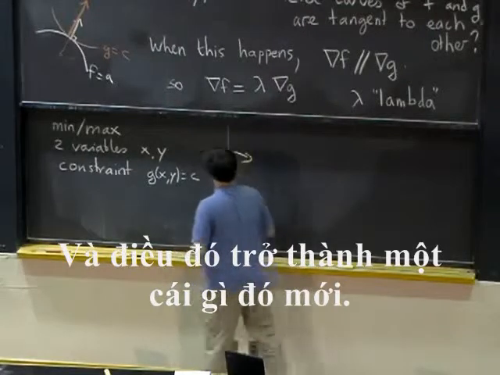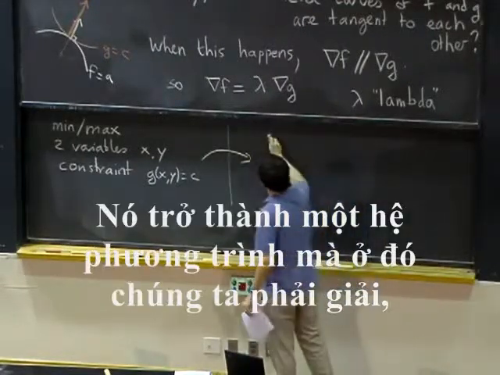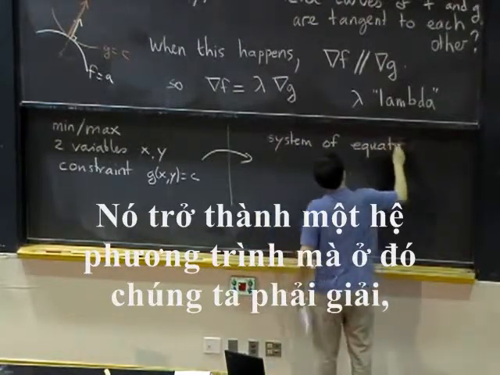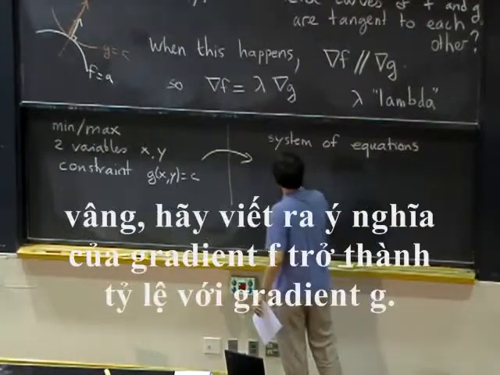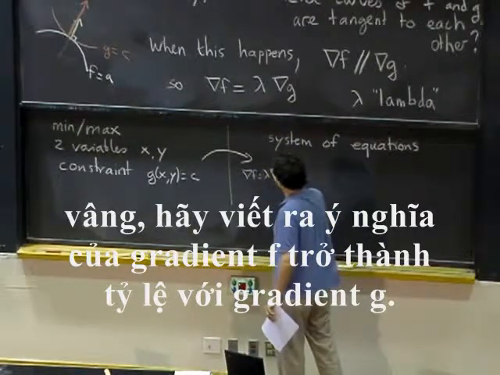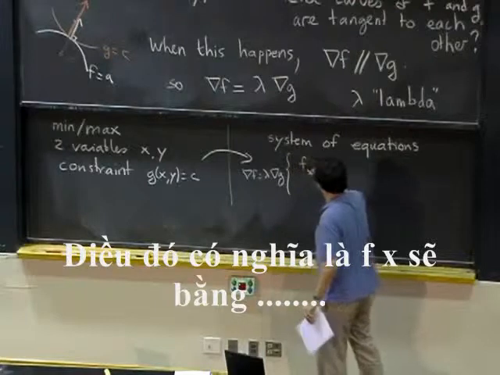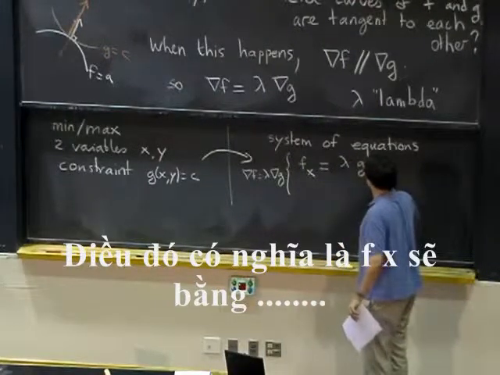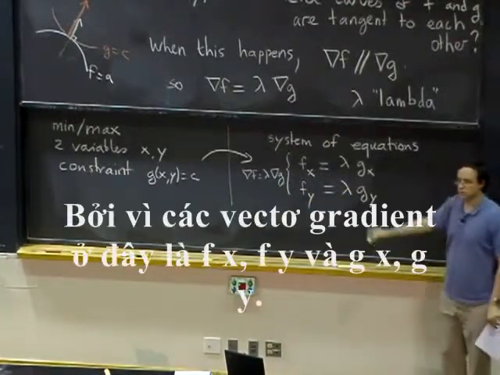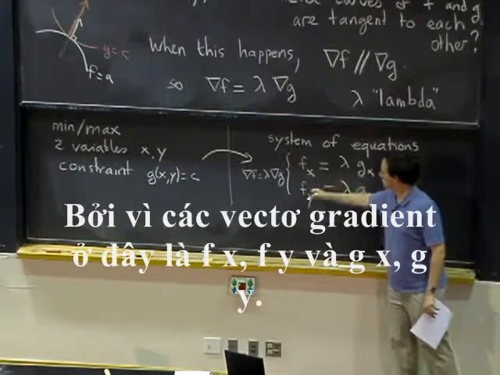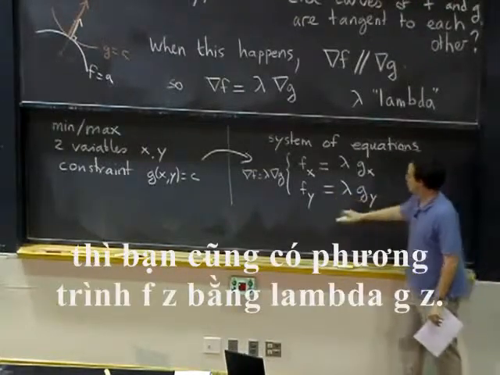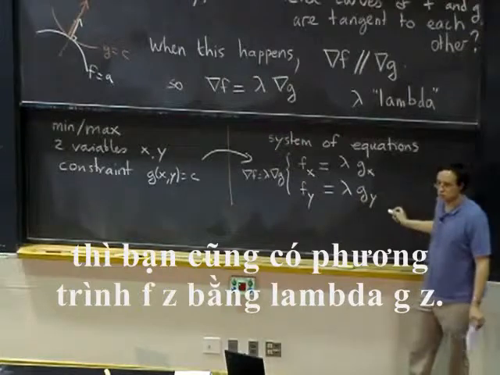And that becomes a system of equations where we have to solve, well, so let's write down what it means for gradient f to be proportional to gradient g. That means that f sub x should be lambda times g sub x, and f sub y should be lambda times g sub y, right? Because the gradient vectors here are f sub x, f sub y, and g sub x, g sub y. If you have a third variable z, then you have also an equation f sub z equals lambda g sub z.